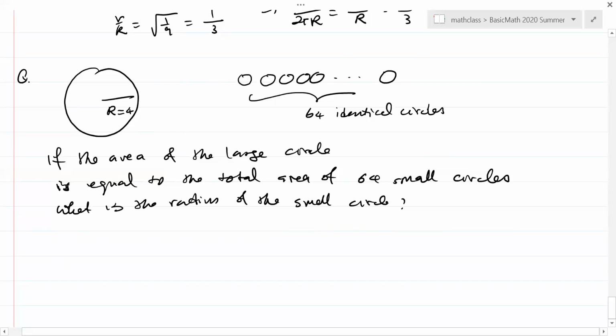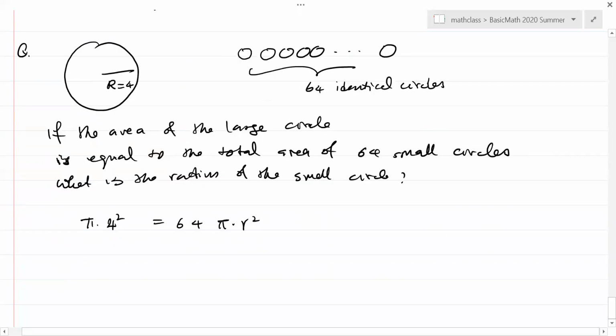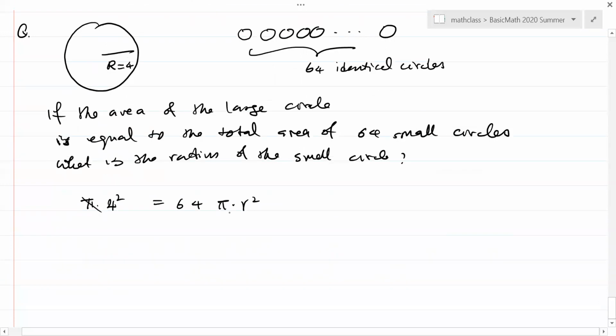Well, just do it, right? The area of the largest circle is pi times 4 squared, and the area of a smaller circle is pi little r squared, but you have 64 of them. Then pi cancels out, so little r squared equals 4 squared over 64.